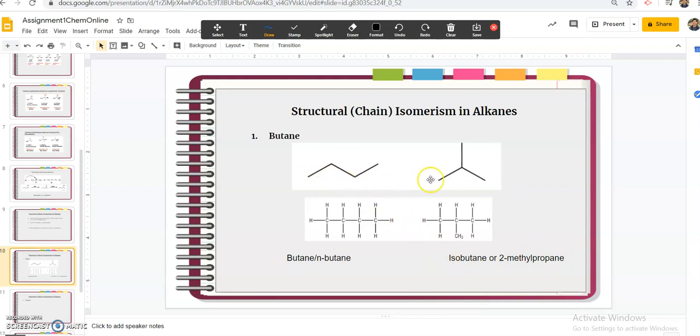Which one do you think will have the higher boiling point, viscosity and density? The n-butane, because of the linear structure: more contact surface area between molecules, more intermolecular London force, so higher boiling point, density and viscosity.